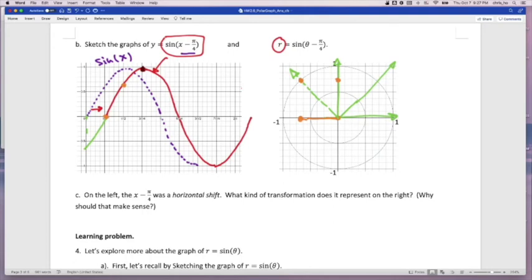Let's go to pi first. My green vector is at pi, and my r value, indicated by orange, is going to be here. Sorry, I didn't draw my sine curve very symmetrical, but it should be around there. So it's back to 0.7, which is right here.